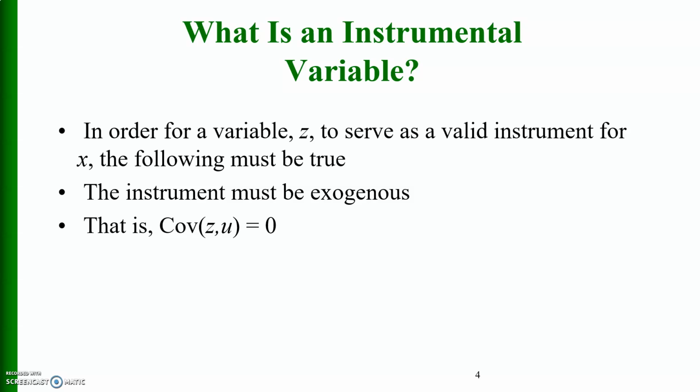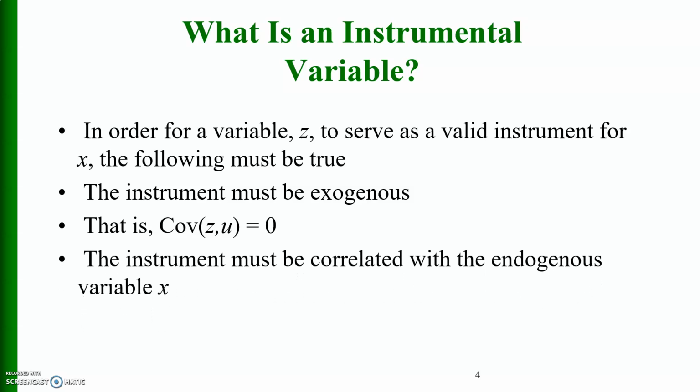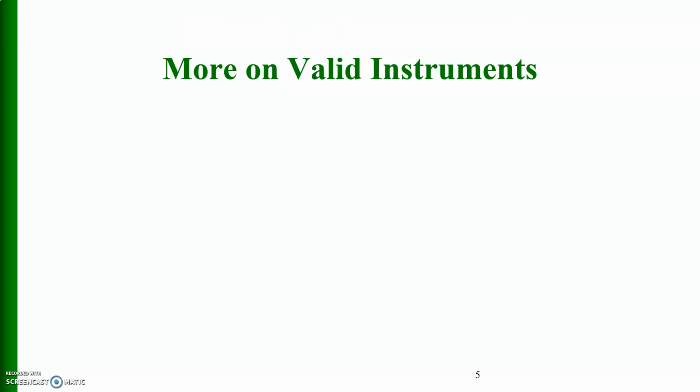It means the covariance between z and u should be equal to 0. The second condition is that the instrument must be highly correlated with the endogenous variable x. That is, the covariance between z and x is not equal to 0.